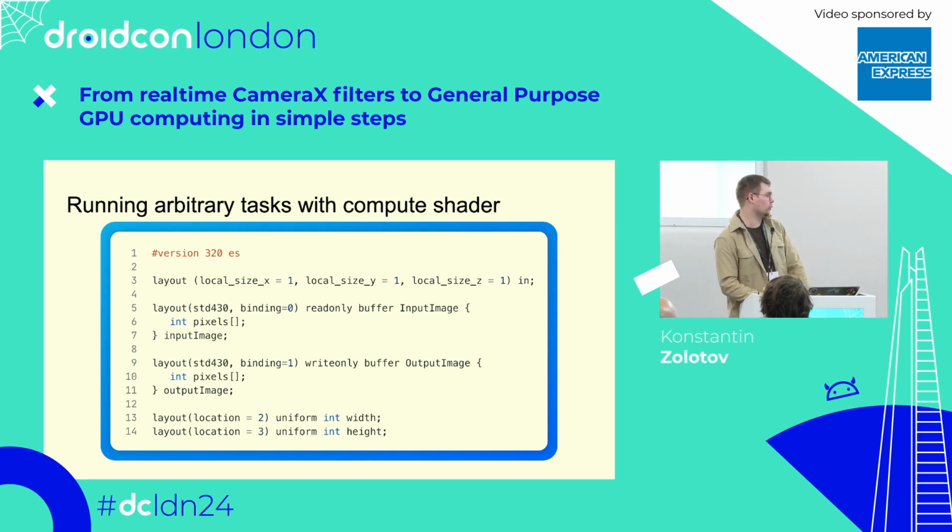Additionally, we define 2 uniform variables, width and height of the image, because since we have only a one-dimensional array, we want to know what the dimensions of the image are. Uniform is a special modifier that basically means that this variable doesn't change between shader invocations within one draw call.